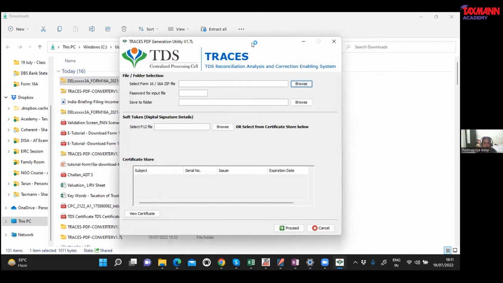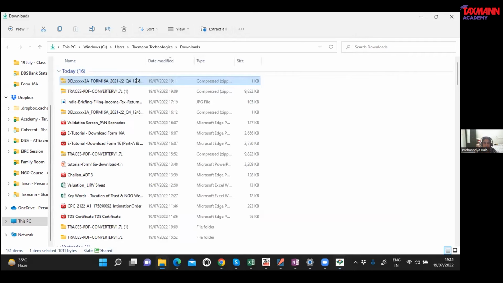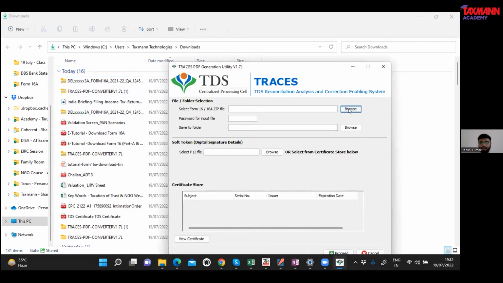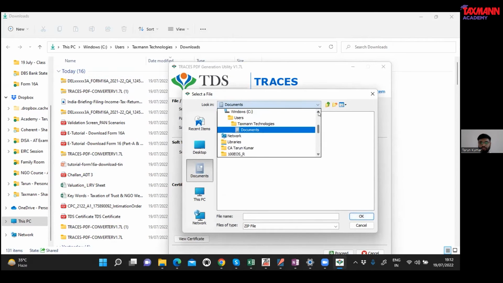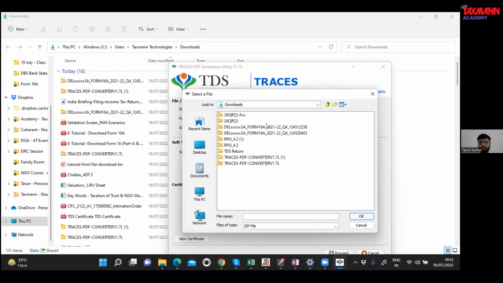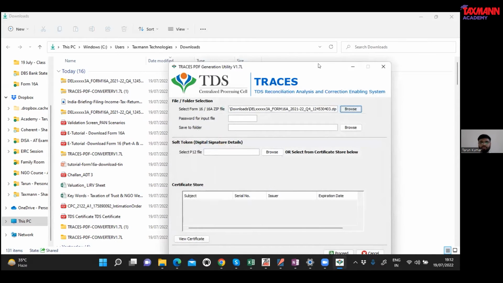These are the certificates. I'll select the zip file, then click OK.